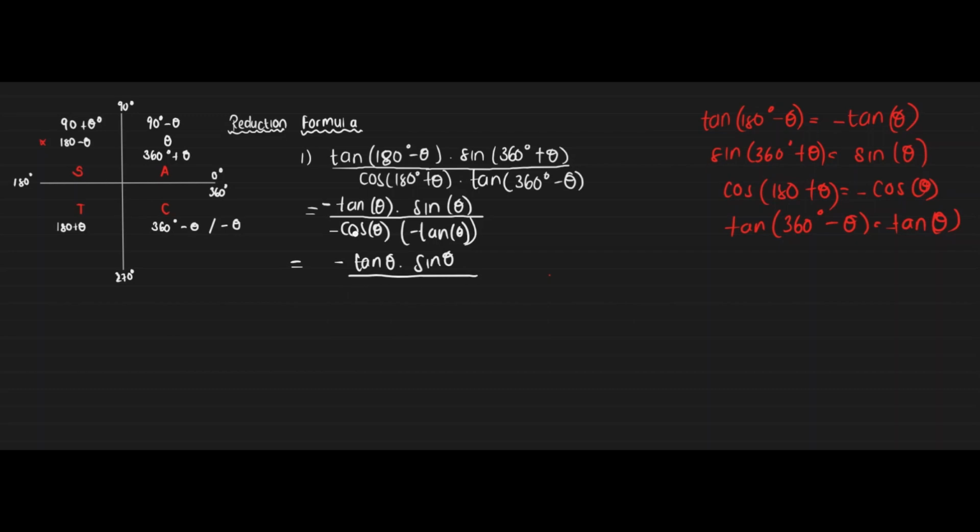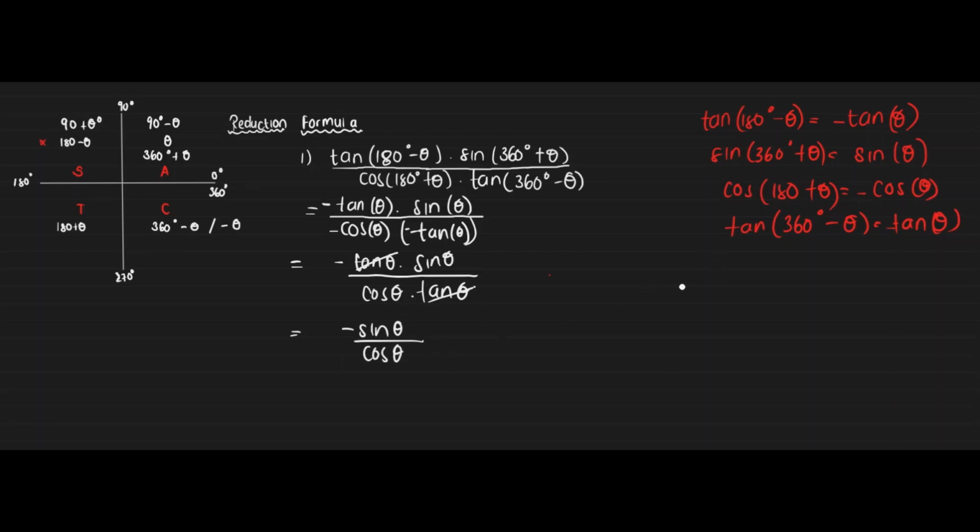Then the bottom part: a negative cos theta multiplied by negative tan theta is going to give us positive cos theta multiplied by tan theta. Look at this. We have tan theta in the numerator and tan theta in the denominator, so that is going to cancel out. So we're going to be left with negative sine theta divided by cos theta.